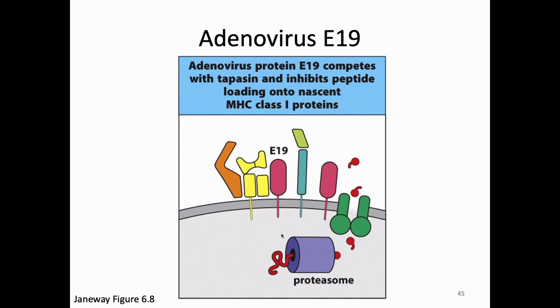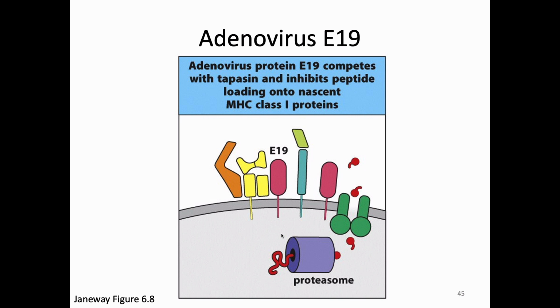There's another virus, adenovirus, that has a protein called E19. E19 actually gets in between class 1 and tapasin. So now class 1 is not in the right place to get any peptides, and it's not being held in the correct structure for binding.